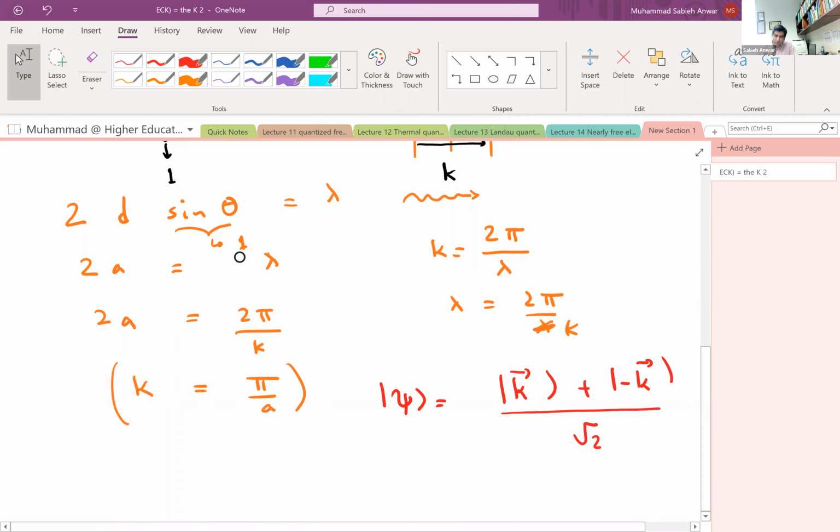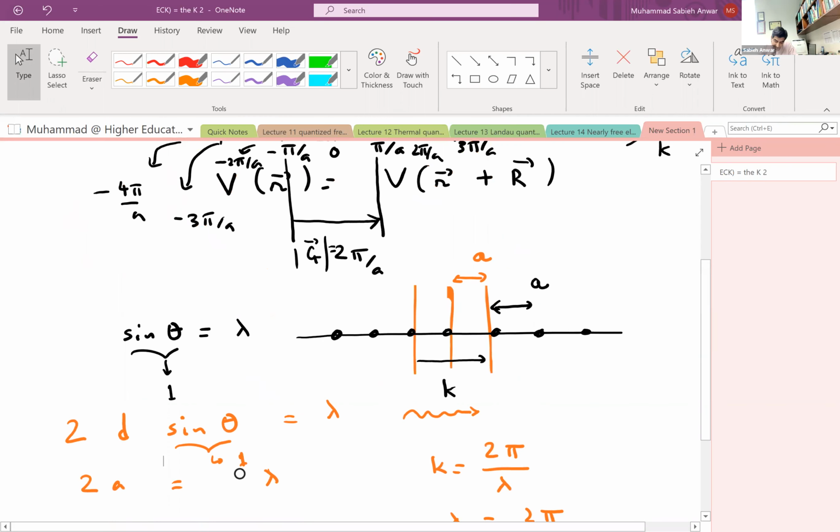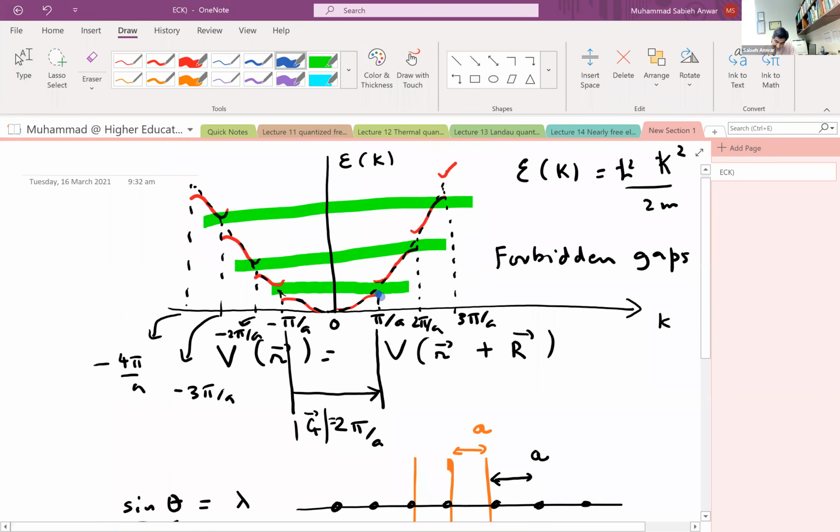One is the energy that is given over here, and the other is the energy given over here. One has a higher energy than the other. And there's an energy gap between these two energy eigenmodes. So this is the concept of a nearly free electron that we discussed in our previous lecture.